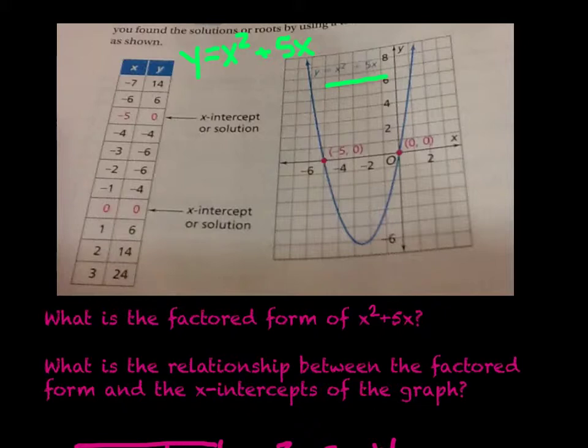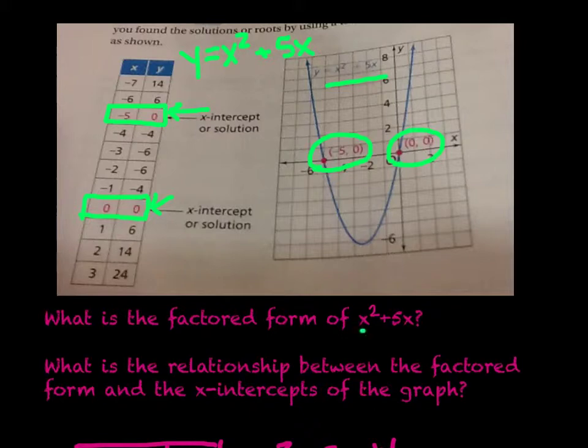And looking at this, we can see that we have a root at (0, 0), and there's another root at (-5, 0). This is also seen with our table, where we see a 0 opposite a number. So we'll see a 0 in the y area because these roots don't go vertically in the y-axis.